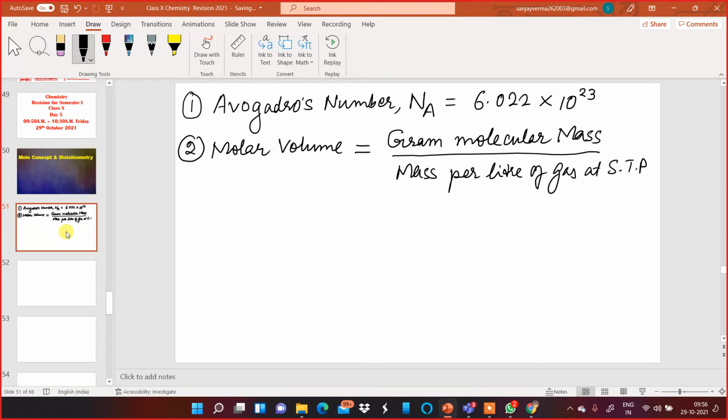So this is the formula for getting the molar volume.